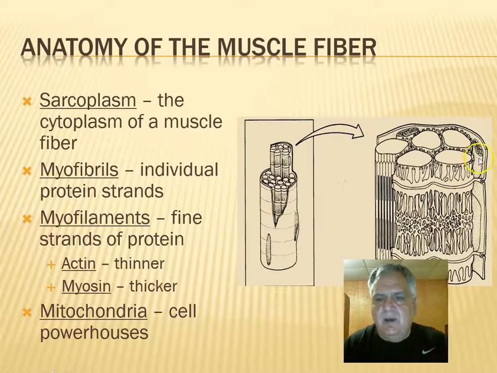And of course, I haven't shown it or talked about it, but here is the nucleus of that cell as well. So inside that sarcoplasm, it's going to be densely packed with these myofibrils. And here we can see individual myofibrils sitting inside the cell like canisters.